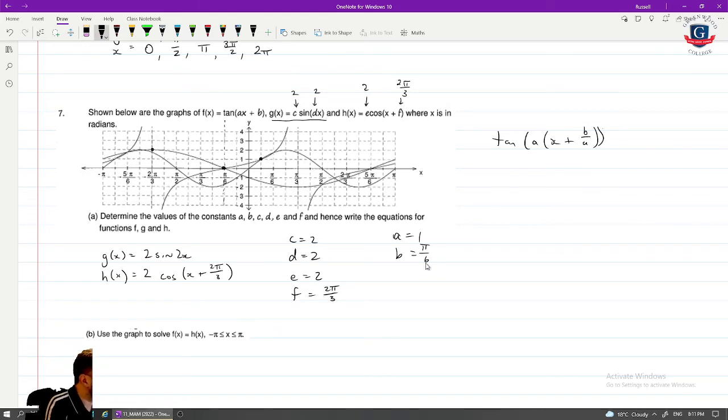7. C is 2, D is 2, E is negative 2. Well, let's have a look here. I think this comes down to the case that you can have multiple solutions for this.